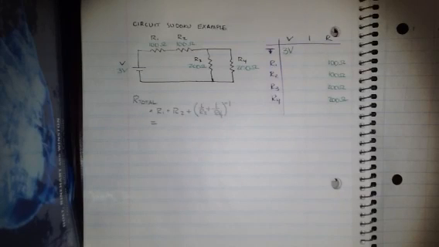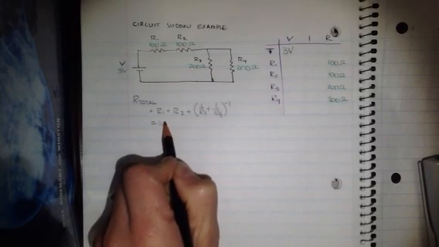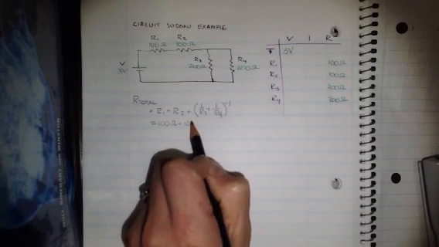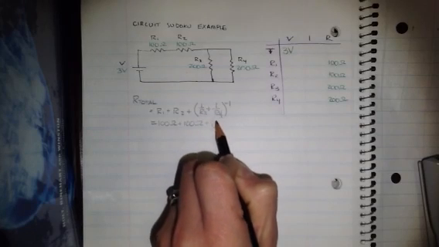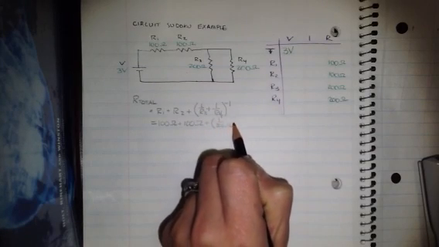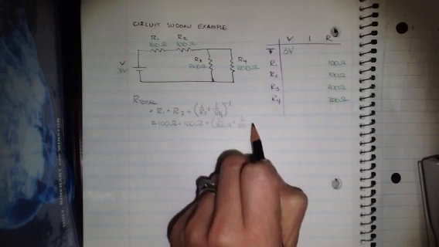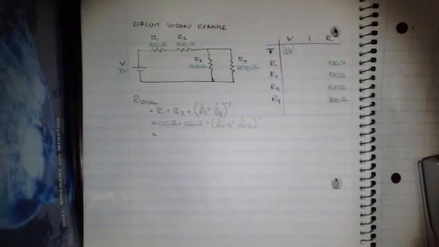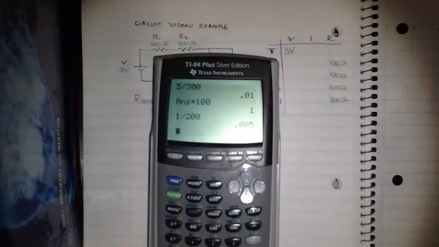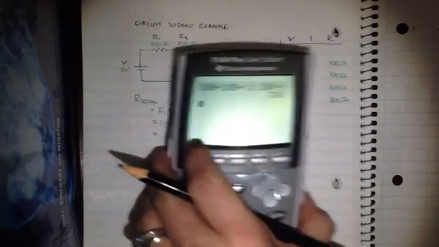So, substituting in all the values from the problem, total resistance 300 ohms.